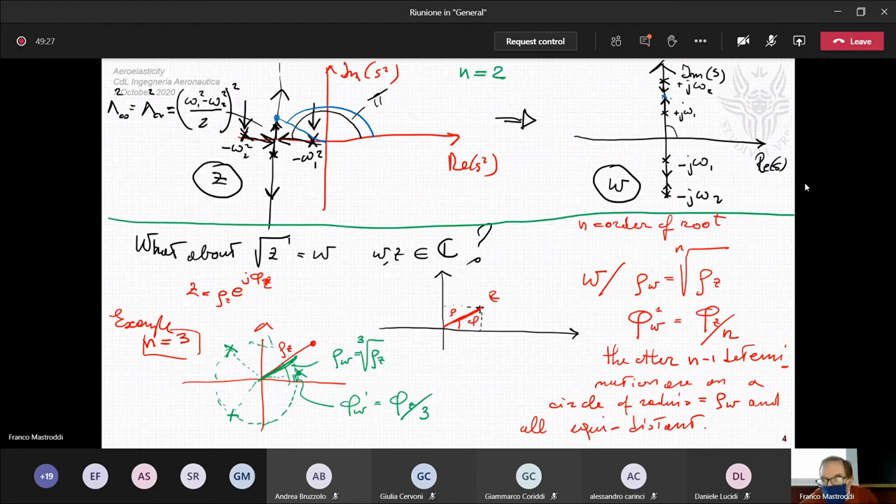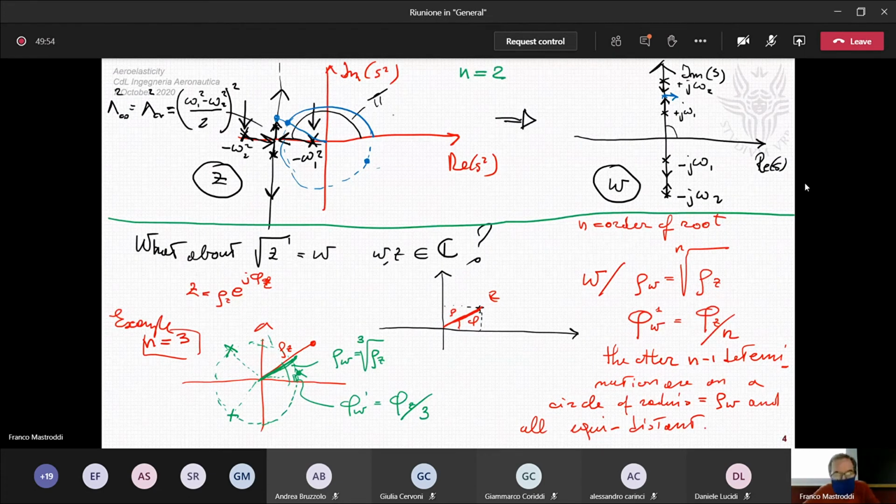And therefore, you should be here, in the right part. But this is not the only root. You have this root here, but you have also this root here.